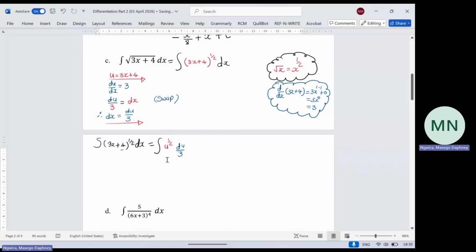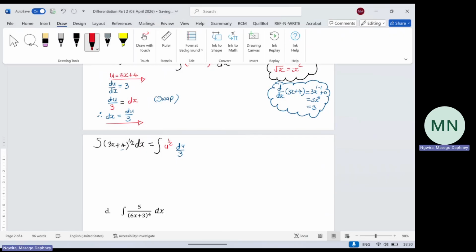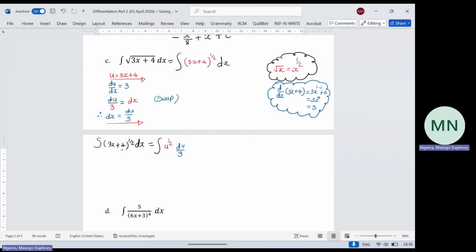Okay, now I can start solving. Before I solve, I am going to move this 3. So this 3 is the same as 1 over 3, okay? So du over 3 is the same as 1 over 3 du. Please do this all the time. So it's 1 over 3, then the integral of u to the power of 1 over 2, then du.